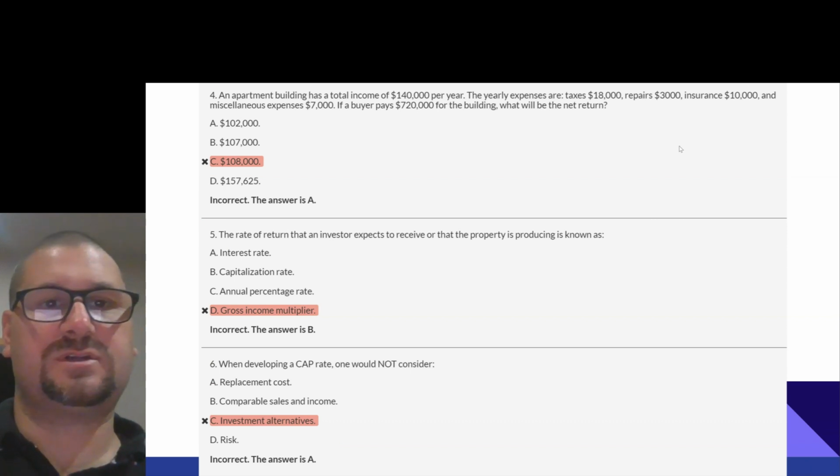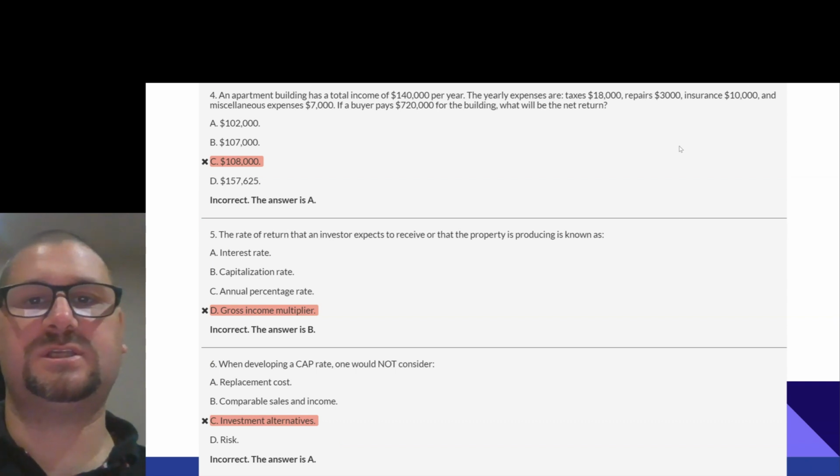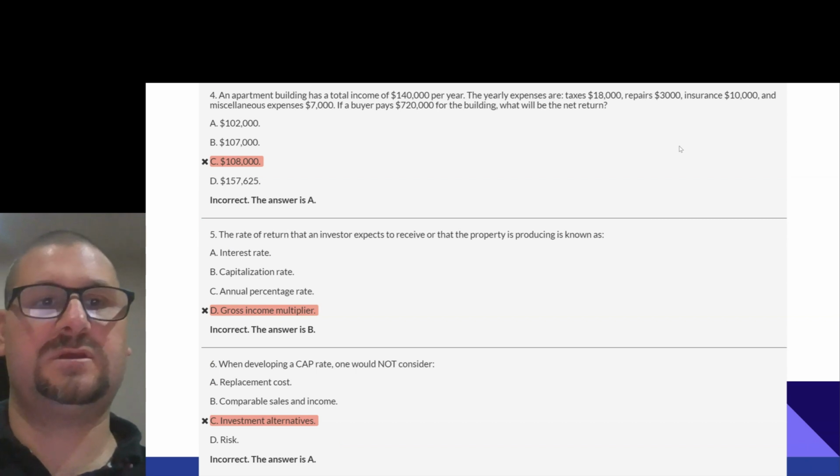The rate of return that an investor expects to receive, or what the property is producing, is known as the capitalization rate.